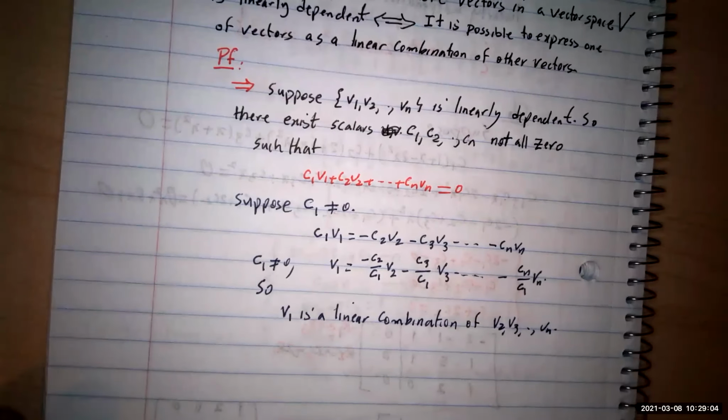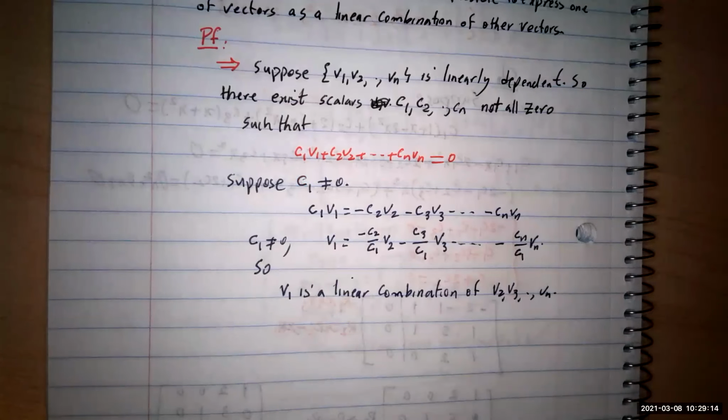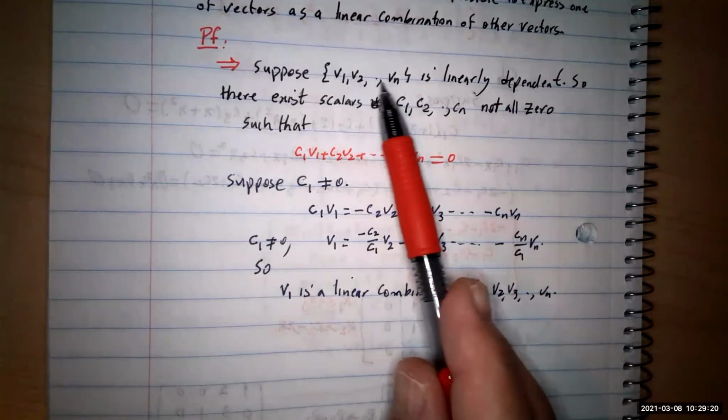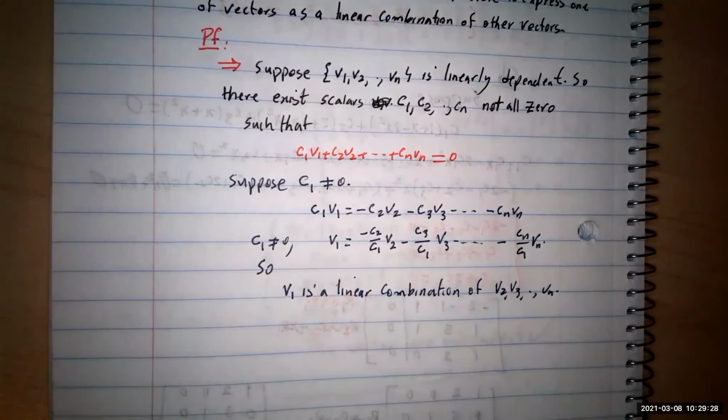So if the vectors are linearly dependent, this means one of the vectors is a linear combination of the other ones, because at least one of the coefficients is non-zero. So when you want to check whether a given set is linearly dependent, if you can get one of them to be a linear combination of the others, you're done.